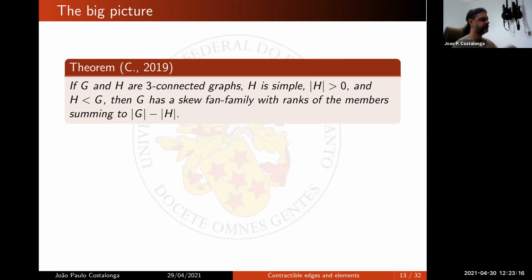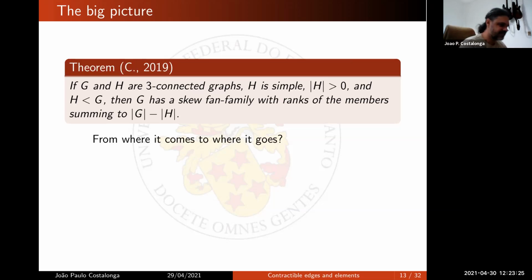And finally, this is one of our big theorems, at least the big theorem for graphs. It will become a big theorem for matroids.